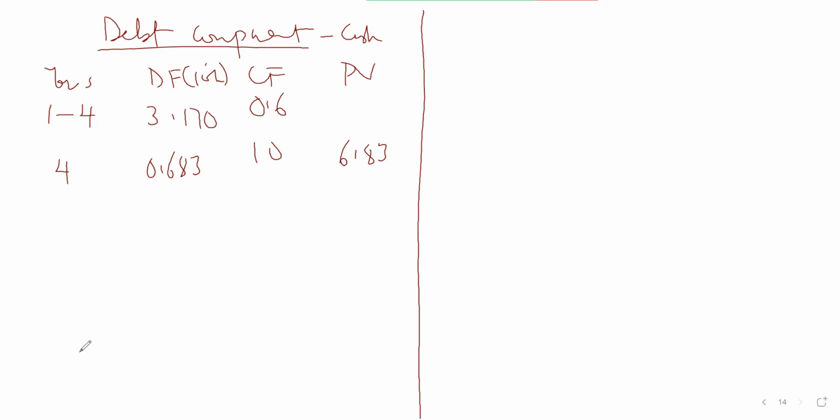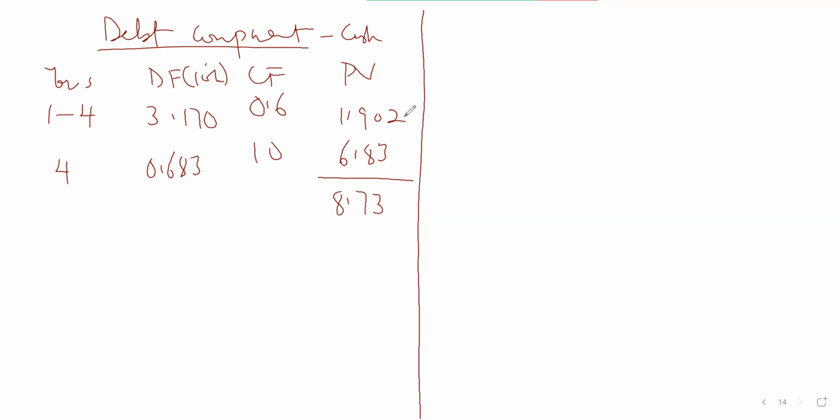So let's find 3.17 multiplied by 0.6. That is 1.902. Is that correct? Yes. If you add it to 6.83, we get 8.73.